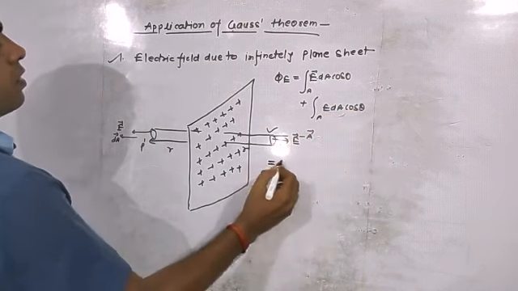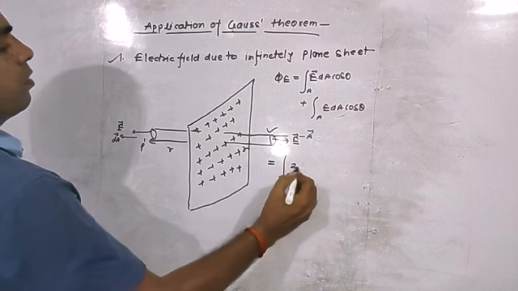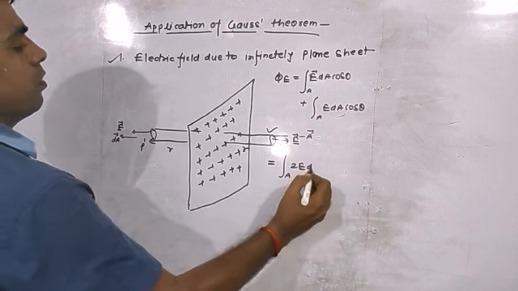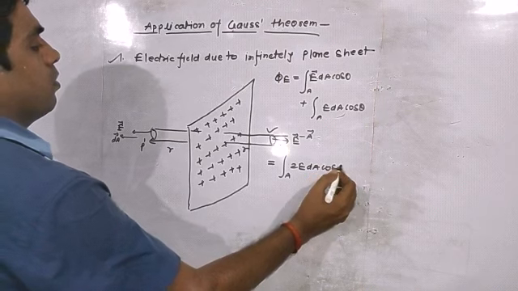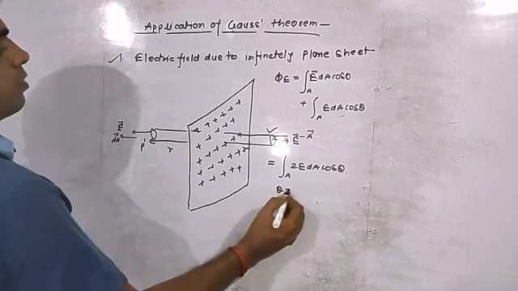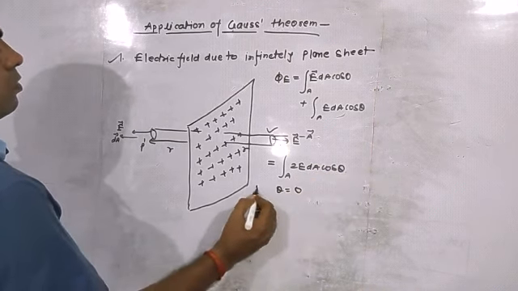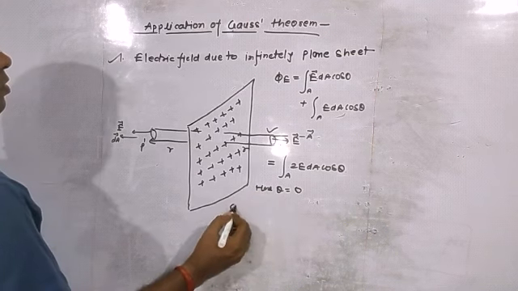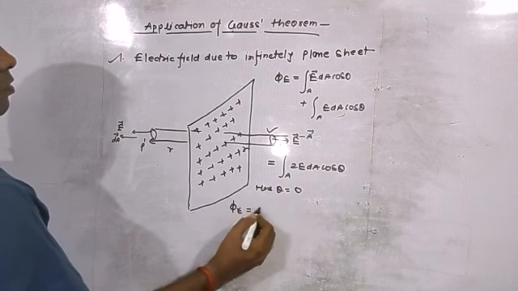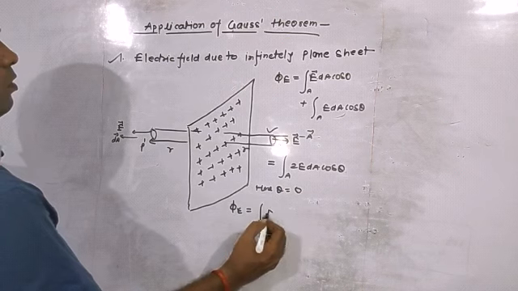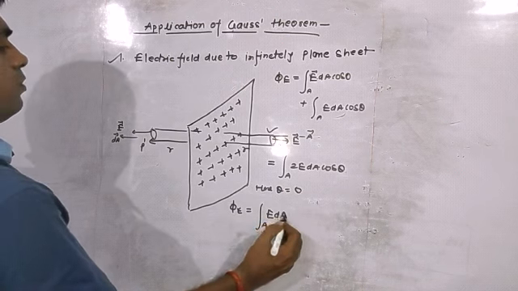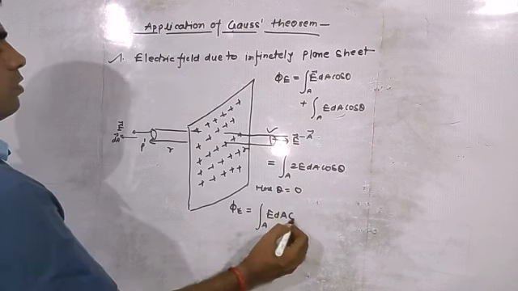So we can write it here. Here theta is equal to 0, so it will become E dA cos 0, that is 1.